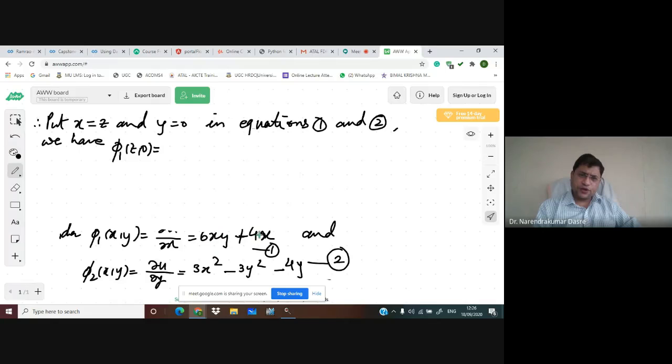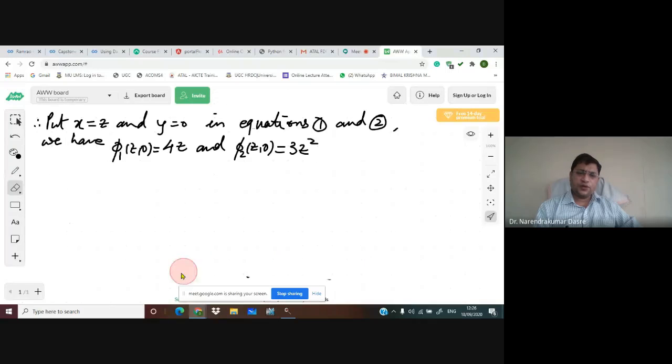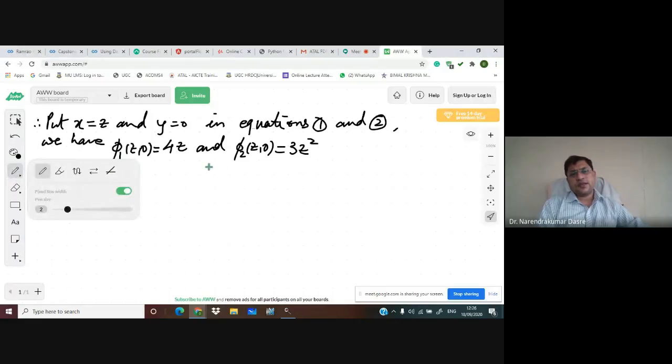This is going to be 0, this is going to be 4z, and we have phi2 of z0. So phi2 of z0, this will be the term 3z square, and these two terms will be 0. So this way we are able to get phi1 at z0 and phi2 at z0. Now we got phi1 and phi2 at z0. This is the third step of the Milne-Thompson method that we have completed.